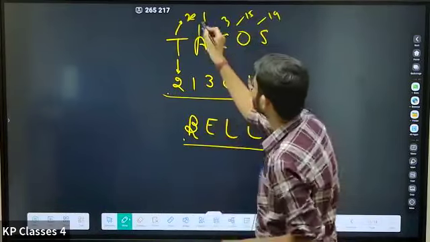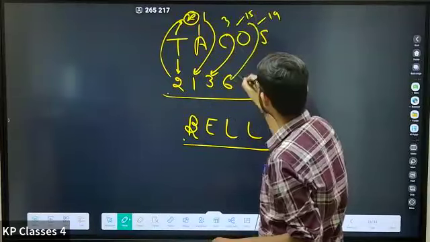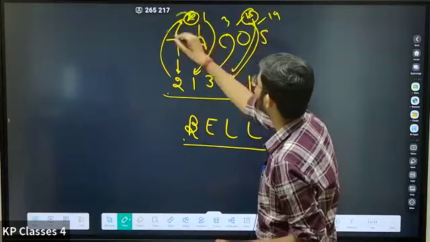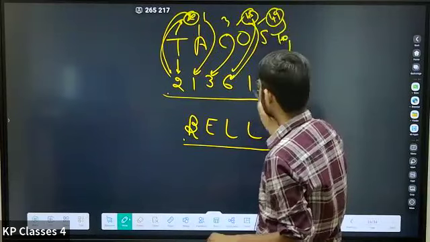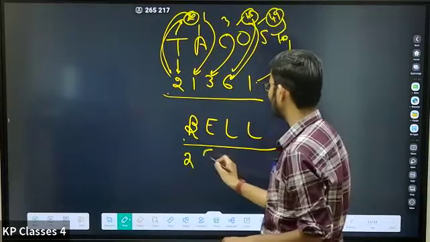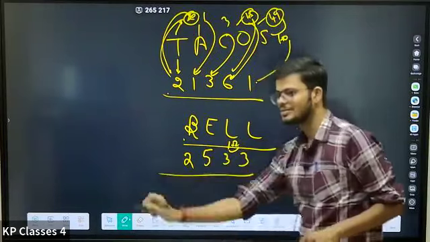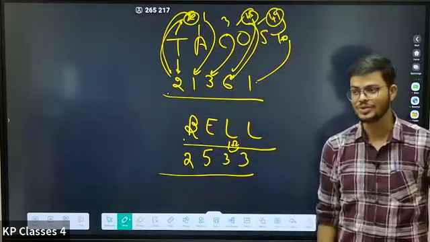Here what they have given, instead of 20 they have given 2, 1 is given as it is, 3 is given as it is. Instead of 15 they have given 5 plus 1, 6. Instead of 20 they have given 2 plus 0, 2. Instead of 19 they have given 9 plus 1, 10, 1 plus 0, 1. So here also 2 will be as it is, 5 will be as it is, L will be 12, instead of which they have given 3 and 3, like this. So sometimes the digital sum of the number can be given in the questions also.